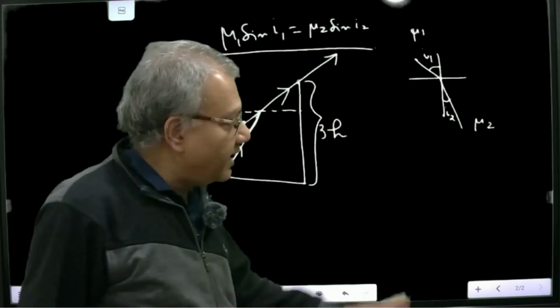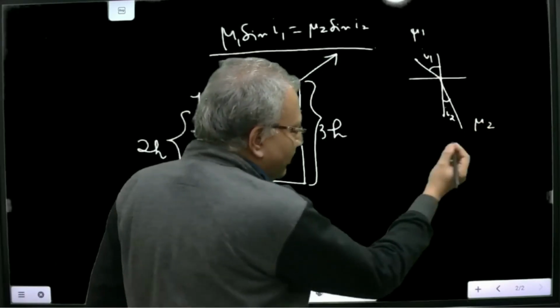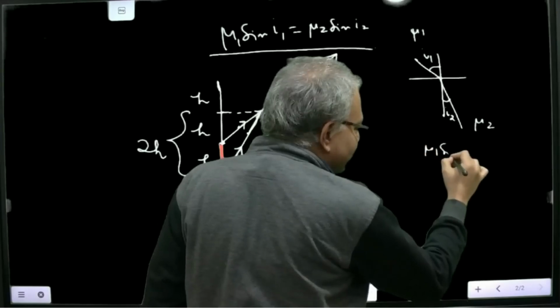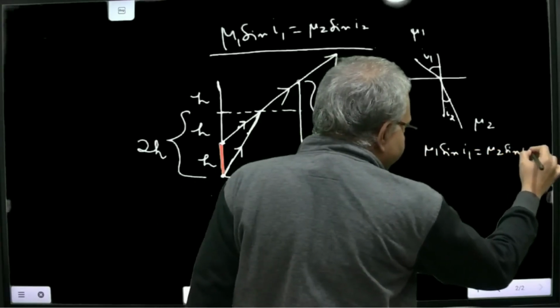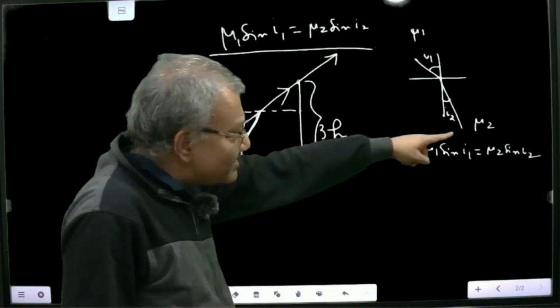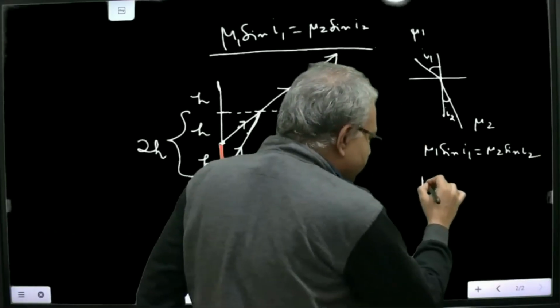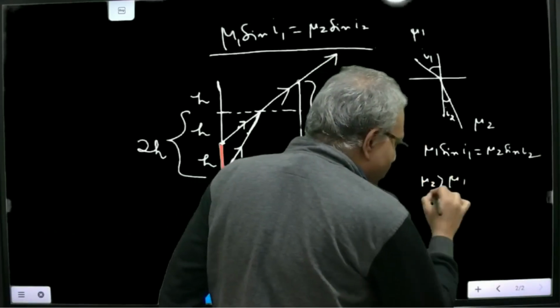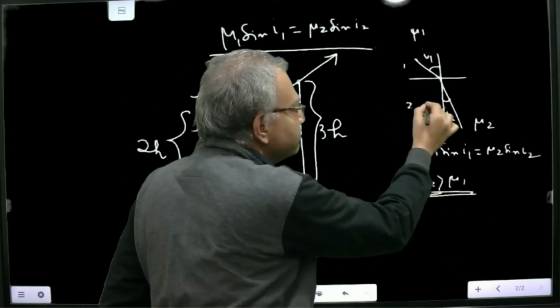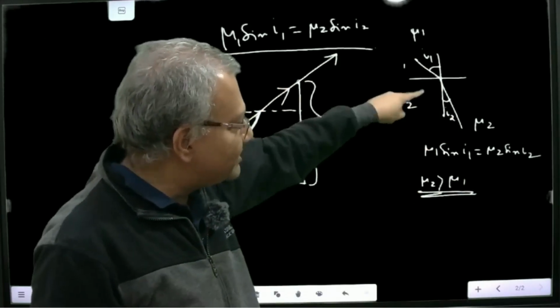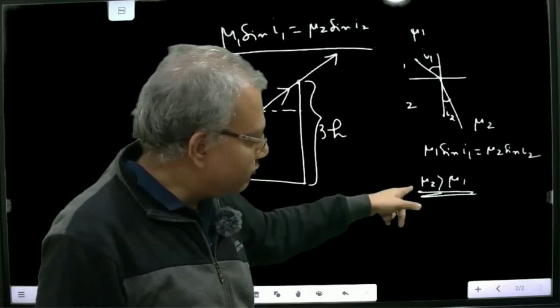According to generalized Snell's law, mu1 sine I1 is equal to mu2 sine I2, already we have discussed. So let us think that mu2 is bigger than mu1. Suppose this is medium 1, this is medium 2. Medium 2 is the optically denser medium.